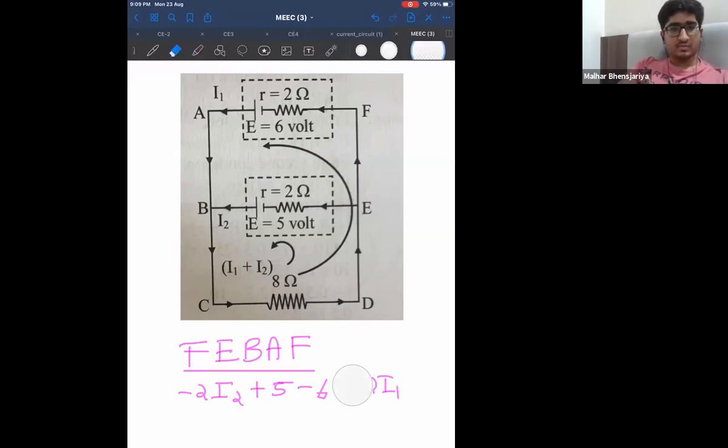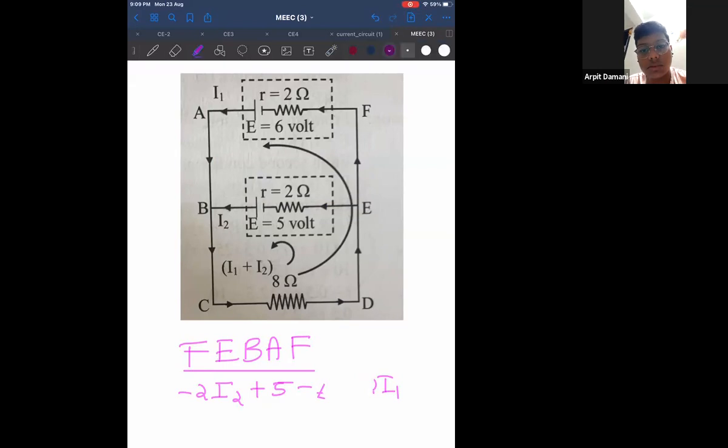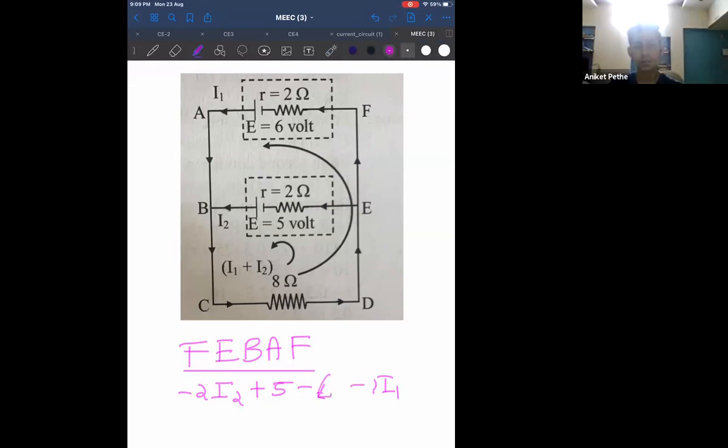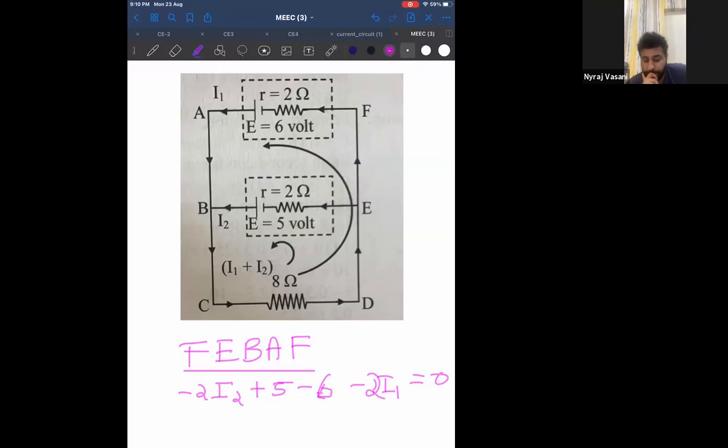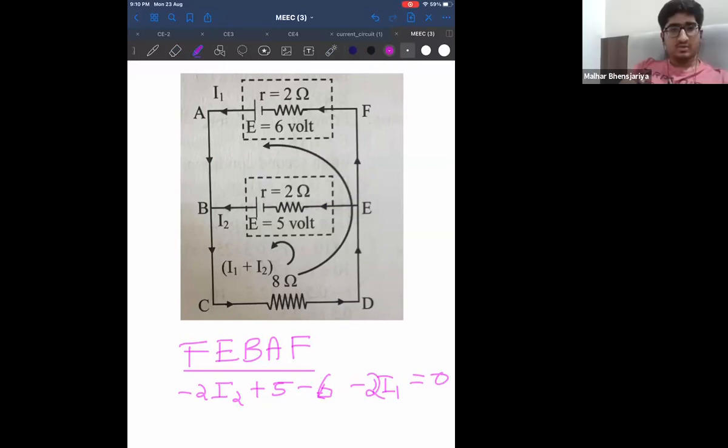Sir, plus 2. Are you sure, Malhar? Sir, it's plus. Positive? Tell me why. Because if we see it, it's minus here and positive here, and the current is entering from this side, right?